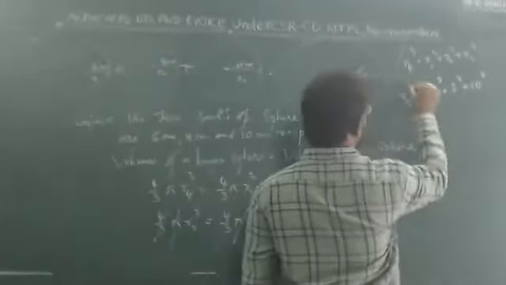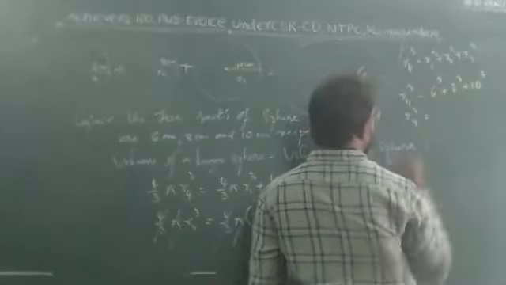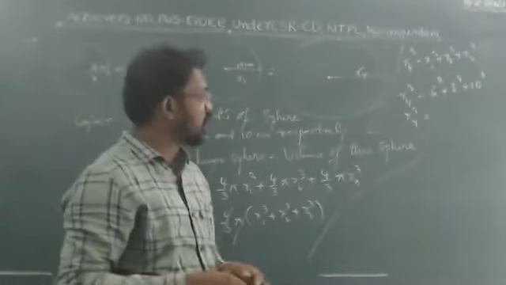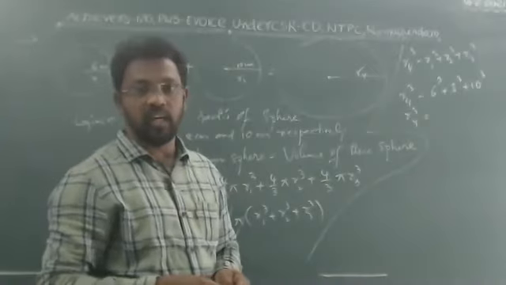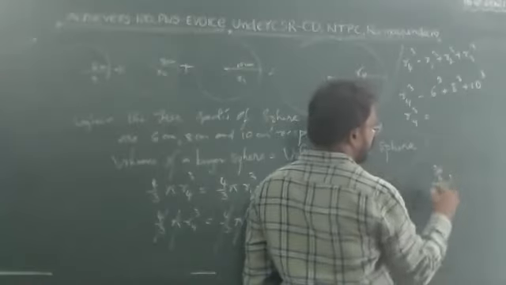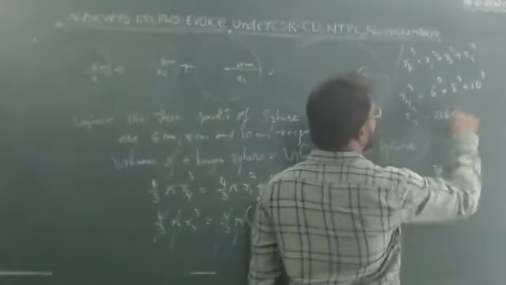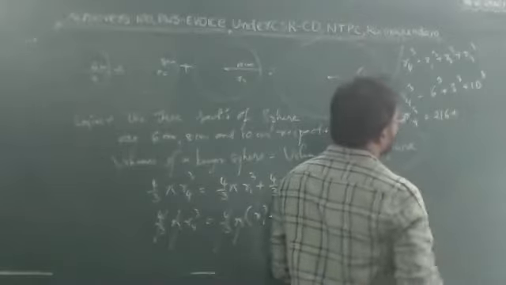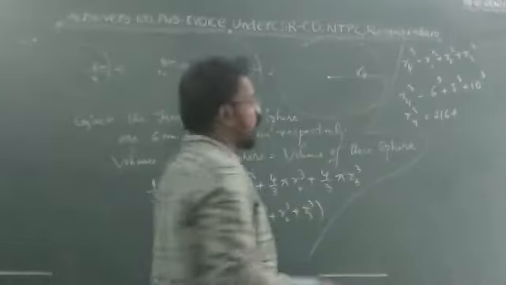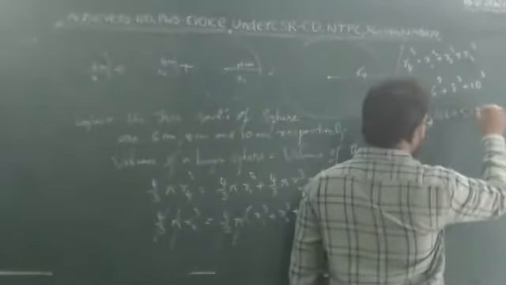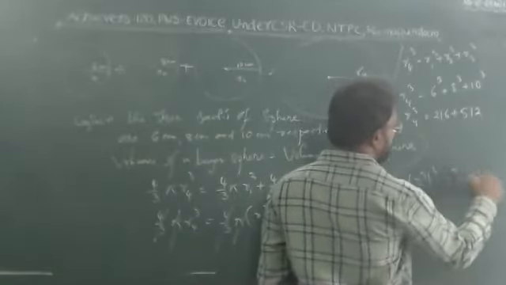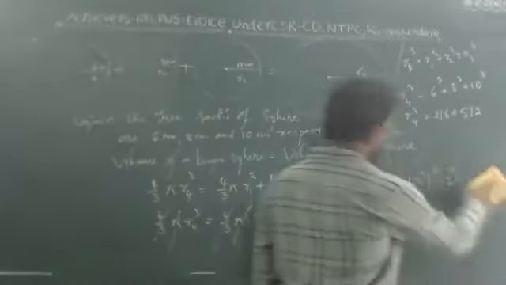R4 cube is equal to 6 cube, how much? 6 sixes are 36, 36 sixes are 216. Plus 8 cube. 8 cube is 512, since 8 is 2 cube, and whole cube is 2 power 9, which is 512.